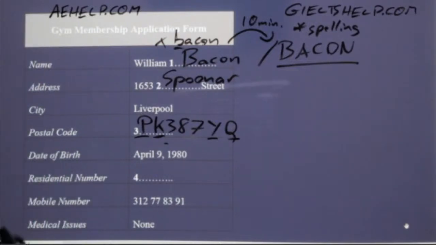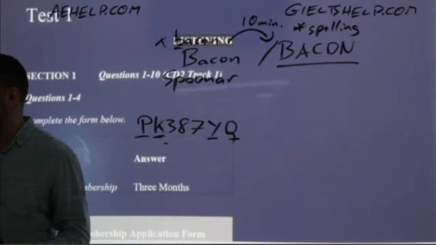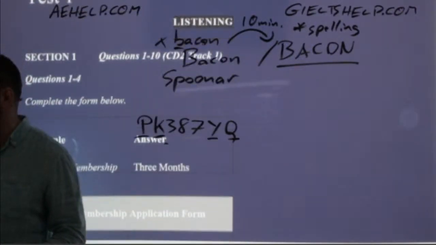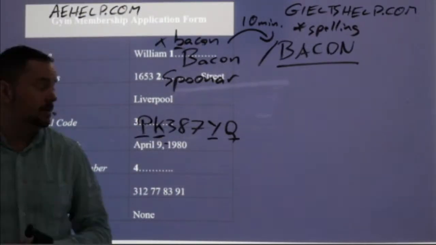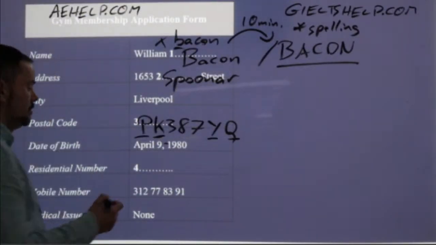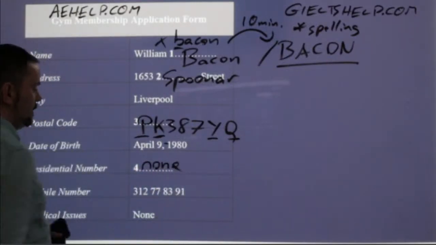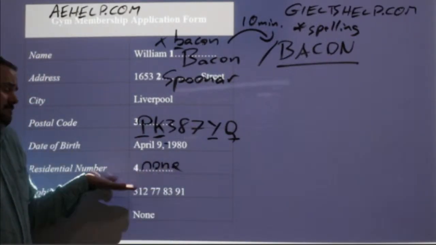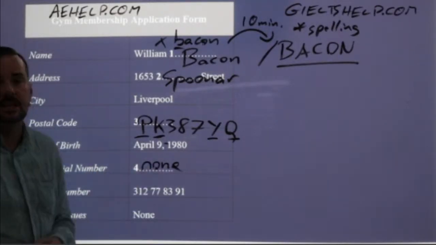Yeah, so no number or none. Okay, let's check how many words you're allowed. It says complete the form below. It doesn't say how many words. So no number or none would be correct, yeah. So if you wrote none or no number, that's correct. None is just a common noun, so you can write it all lowercase, N-O-N-E, okay, none.